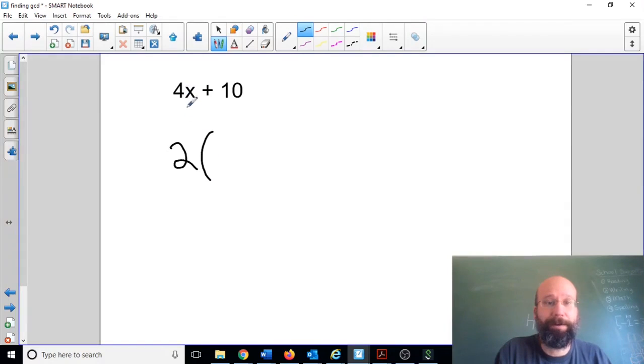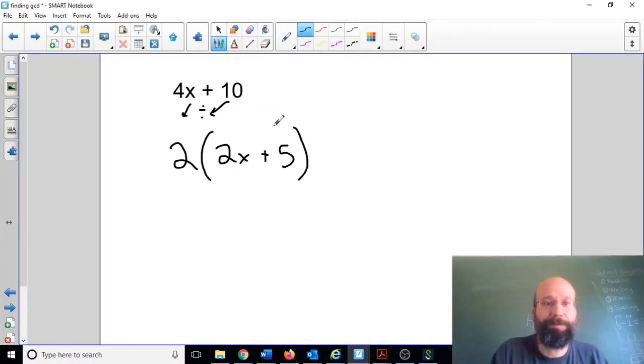So now you take each of these terms and divide it by 2. So 4x divided by 2 is 2x. 10 divided by 2 is 5. All right, to get this, we divided this, and then we divided this.